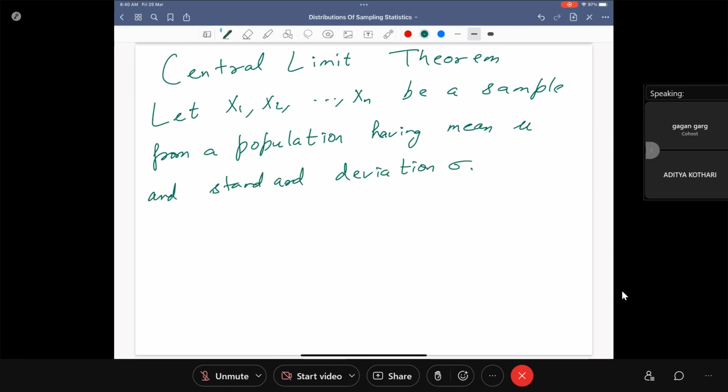We have a certain population with mean mu and standard deviation sigma. By the way, just note about notation. You want to be careful about the notation when you're answering a question, because messing up the notation can make everything go wrong. Whenever we use mu and sigma, we're talking about the population mean and population standard deviation. That is something that you want to keep in mind.